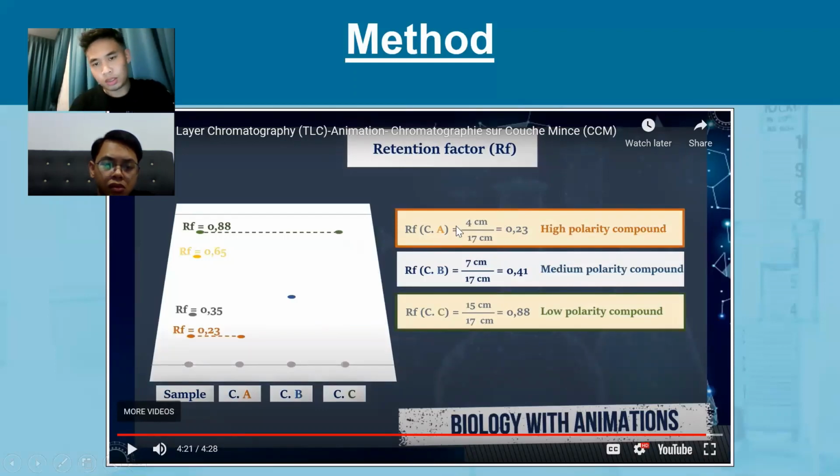So by the retention factor formula, we can know which compounds are present in the mixture based on the sample.